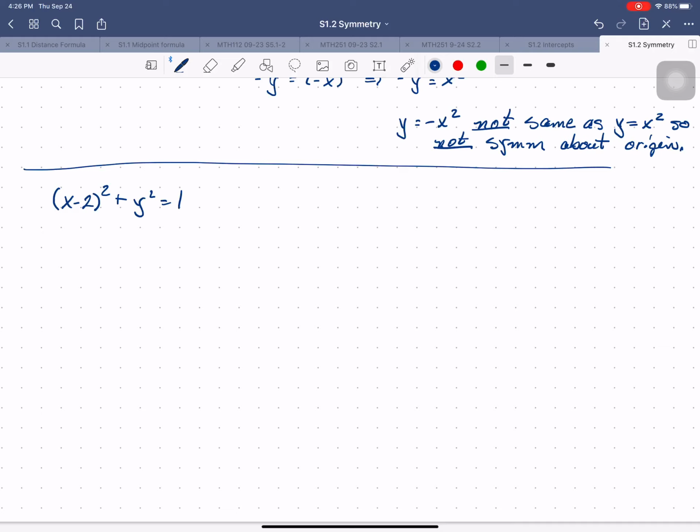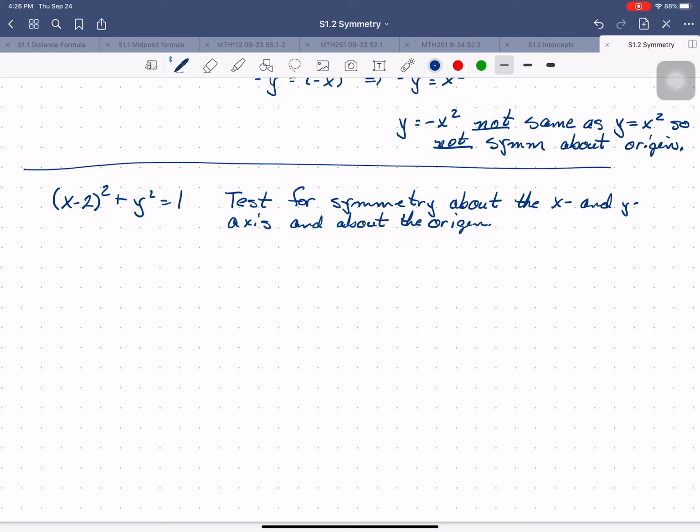Okay, so test for symmetry about the x and y axes and about the origin.